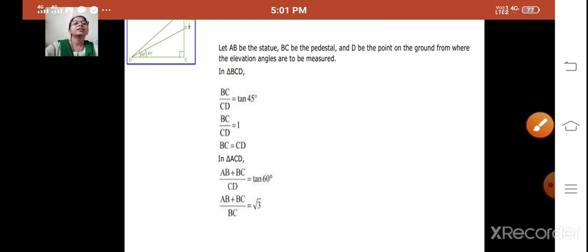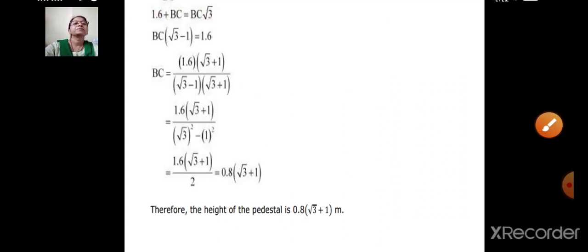Now children, let us cross multiply. So on cross multiplication, you will get, substitute the value of AB, 1.6, plus BC is equal to root 3 into BC. Now collect BC together, shift this BC on the other side, and take out BC common.